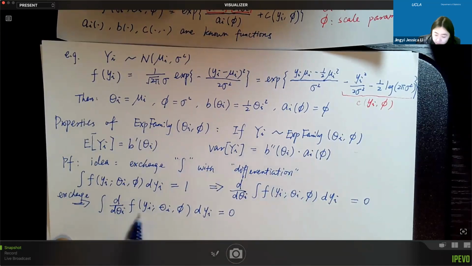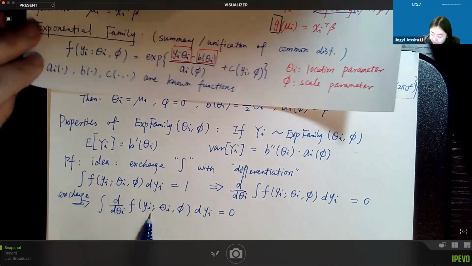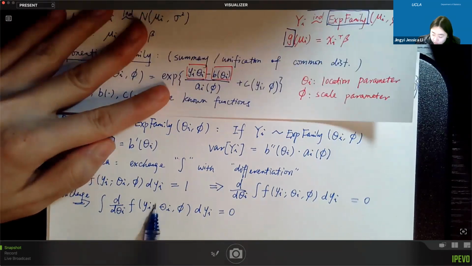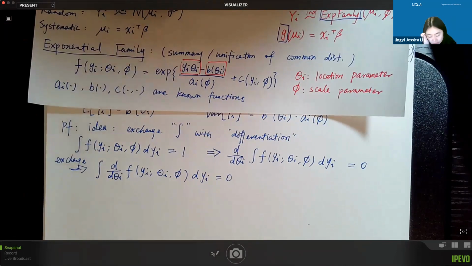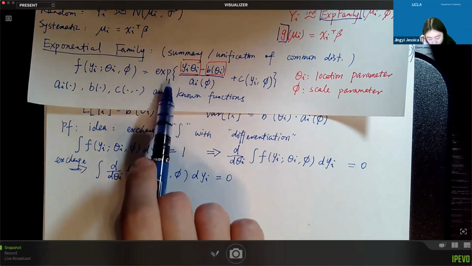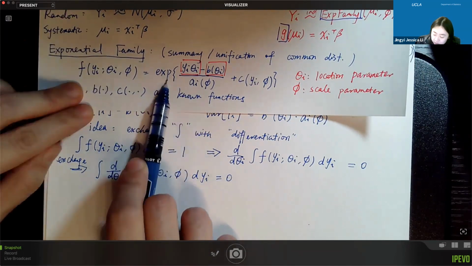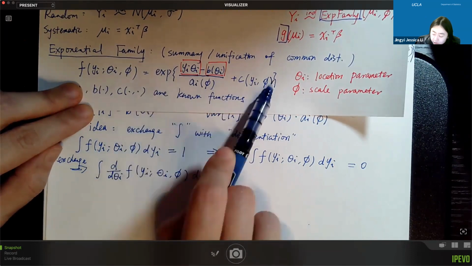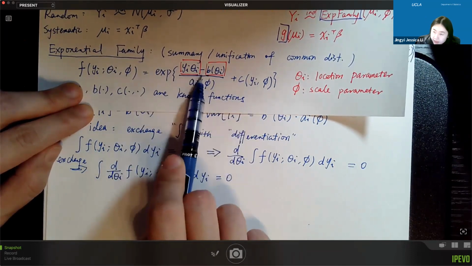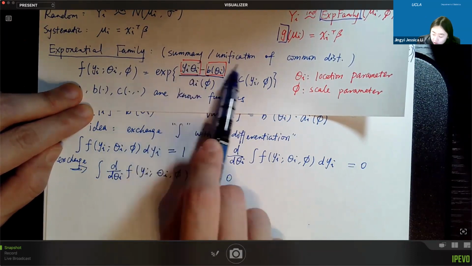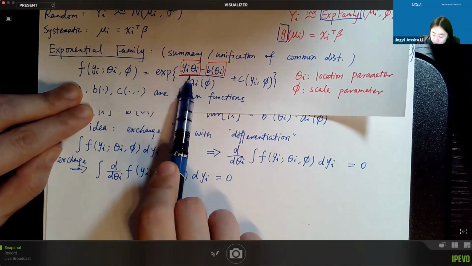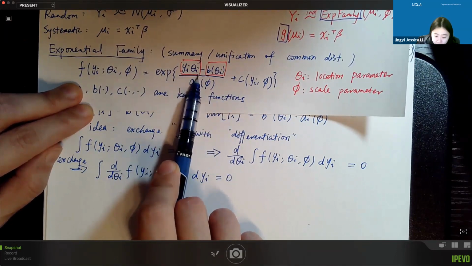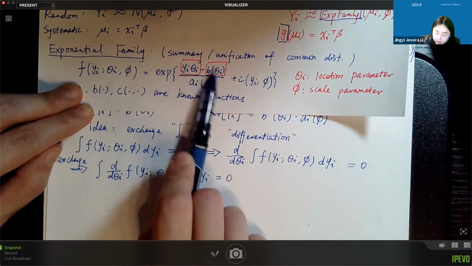Now we need to look at the density form, and using the density form, we take the differentiation against theta i. You can see this is the special case for the exponential function. When we take its differentiation, we get a copy of this retained, and then we just need to differentiate the term inside the exponential.